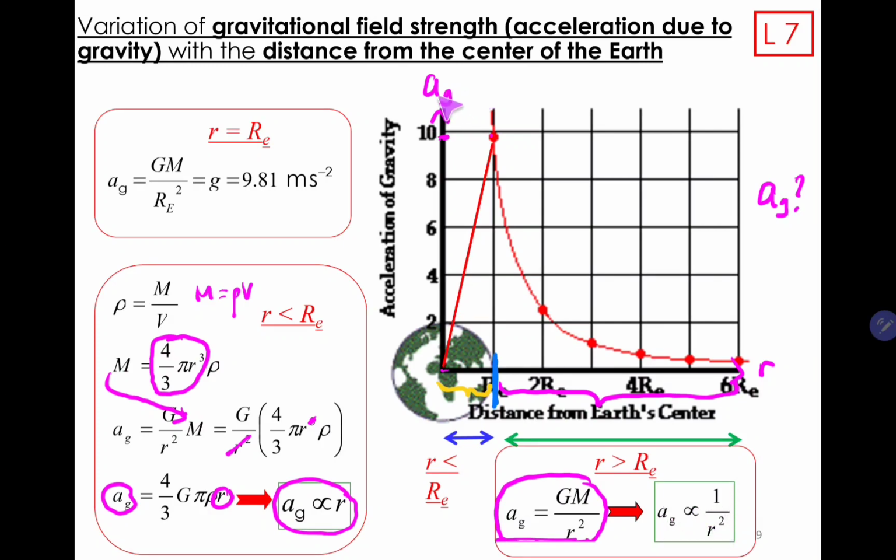For any graph of Ag against r, it must be a curve like this. So again, starting from the center of the planet, Ag and r are directly proportional. On the surface, Ag is constant, which is 9.81. Above the surface, Ag and r squared are inversely proportional, giving you this curve.